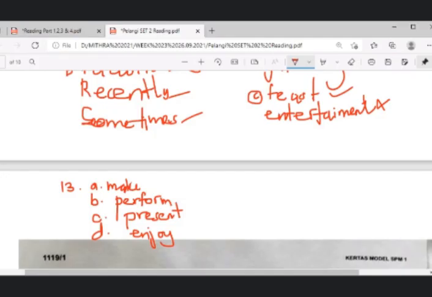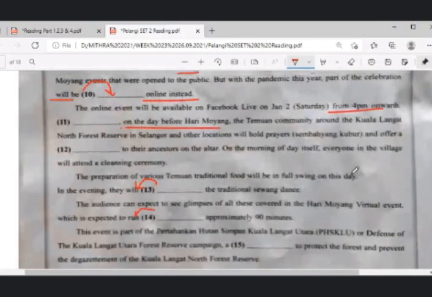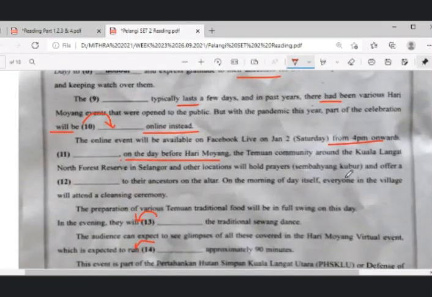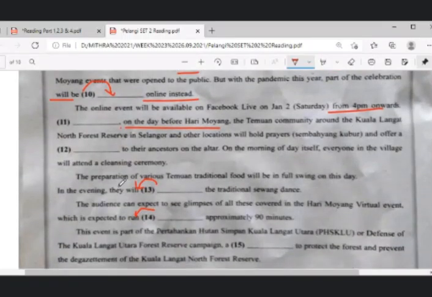Okay, let us go back to the text. Many of you have answered B. Let's go to the text now. Okay, question number 13. The preparation of various Temuan traditional food will be in full swing on this day. The preparation of Temuan traditional food will be in full swing, which means non-stop. They will keep preparing as many things as possible, as much food as possible.